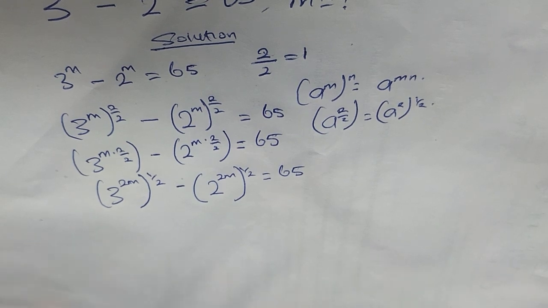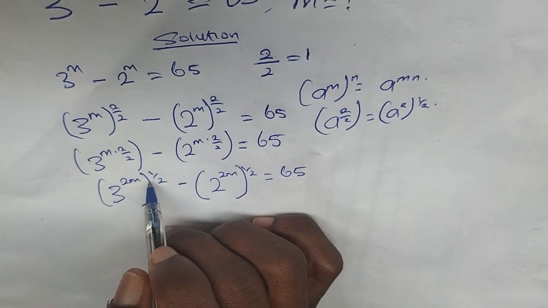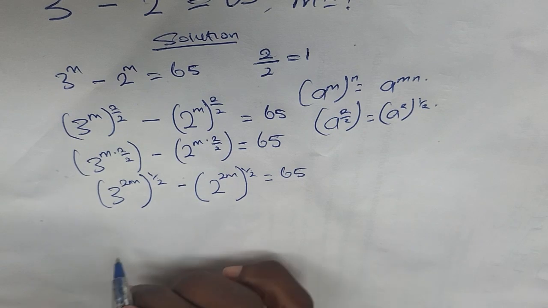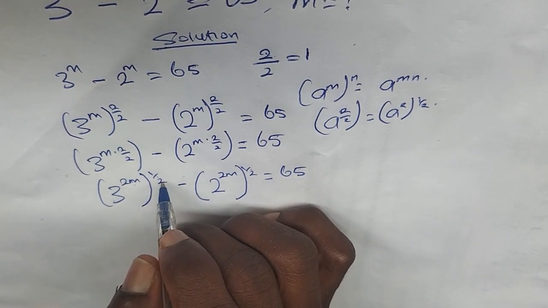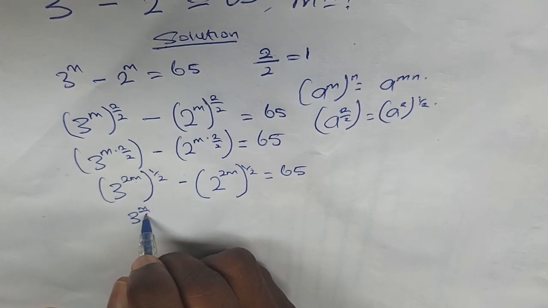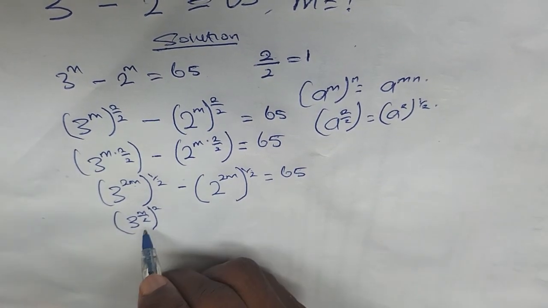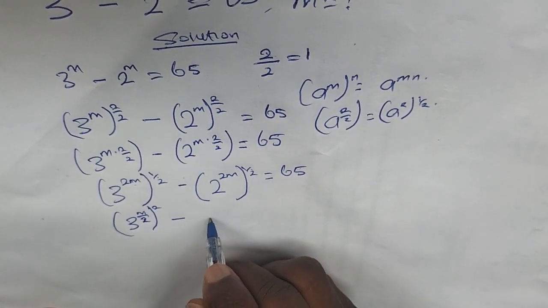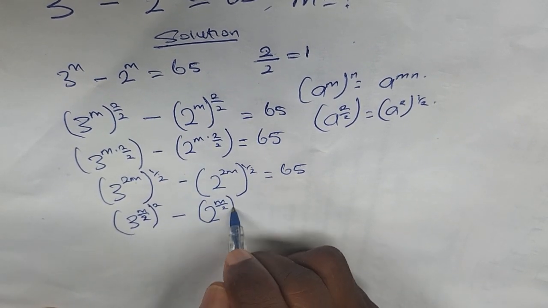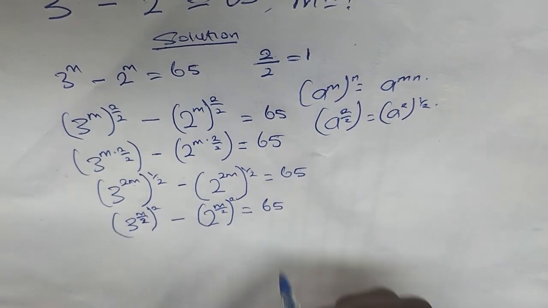Since I've gotten all this, instead of writing 2m like this, I can put this one in, then bring this one out. So I'm going to put 1 over 2 inside and bring 2 out. So I'm going to have 3 to the power of m over 2, all to the power of 2, minus 2 to the power of m over 2, open bracket, close bracket, to the power of 2, is equal to 65.